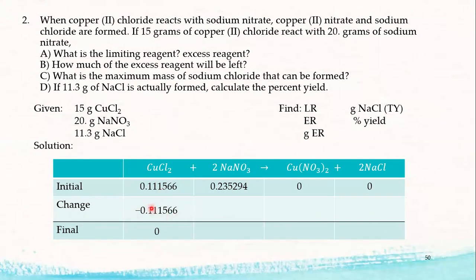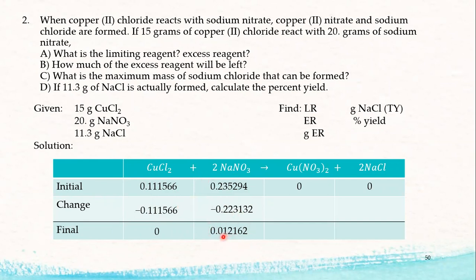This is our basis. And then we divide it with its coefficient, which is 1, and multiply it by the coefficient of our desired quantity. So by doing so, we'll end up with these values. And if we try to subtract the initial and the change for sodium nitrate, we'll end up with this value here.